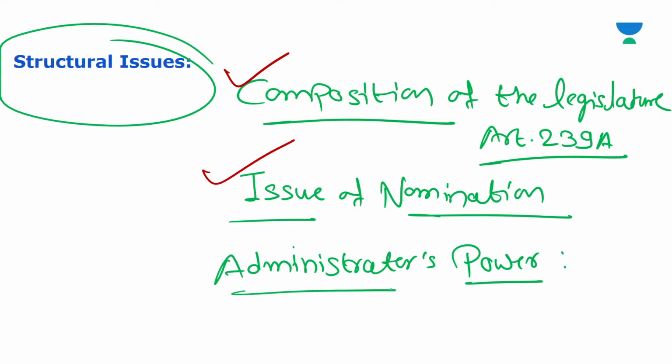Friends, the union territories were never given a fully democratic setup with necessary autonomy, and the power vested in the administrator, that is the lieutenant governor, conflicts with the powers of the elected government of union territories which have a legislature.